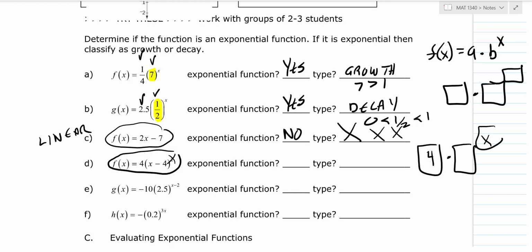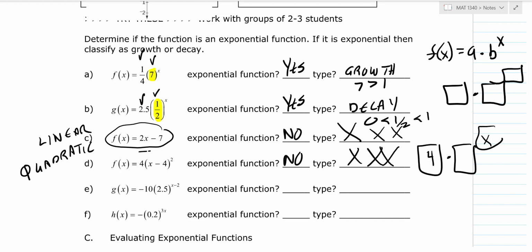You always have to have, like A and B, a number times a number to the x power. This one is quadratic because it has a second power in it. If you graphed it, it would have a parabola like we've learned. So that's no. A and B is what they have to look like, with some slight little twists.